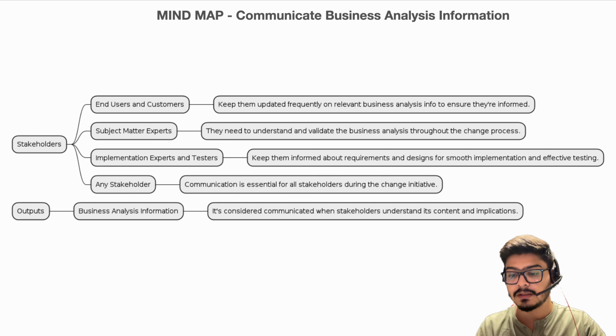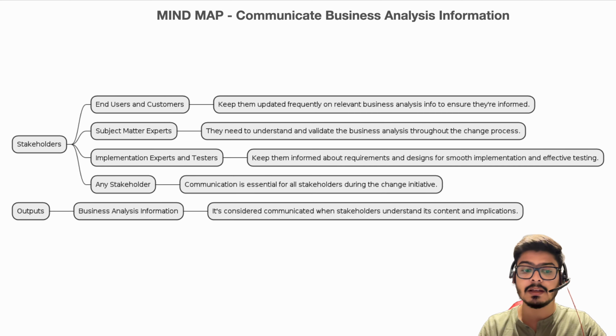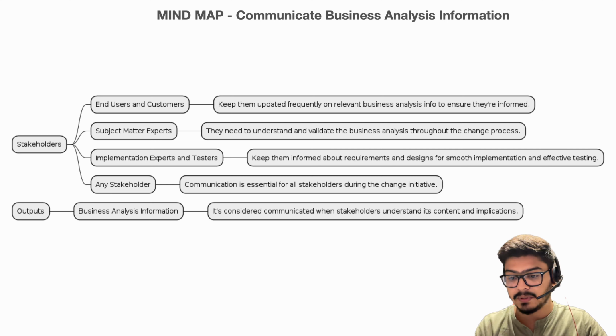Lastly, once you do all this, you have business analysis information which is communicated. The reason is that stakeholders now have an understanding of the content and the implications of this particular project, so that they well understand what is being done and how it is being done, right? This is what the chapter says.